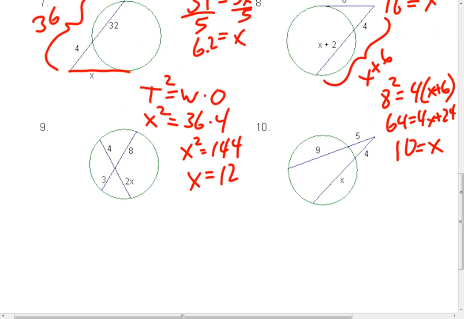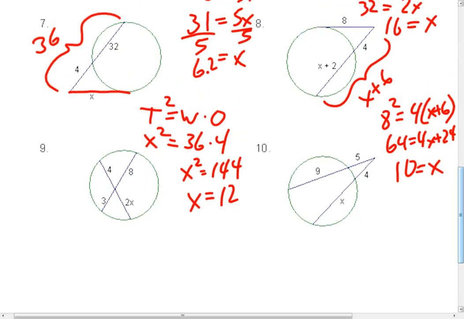That's good. 10. We squared 8, and then we did x plus 6 as the whole times the 4, which is the outer. That gave me 4x plus 24. I subtracted 24. That gave me 40. Divided by 4 is 10.